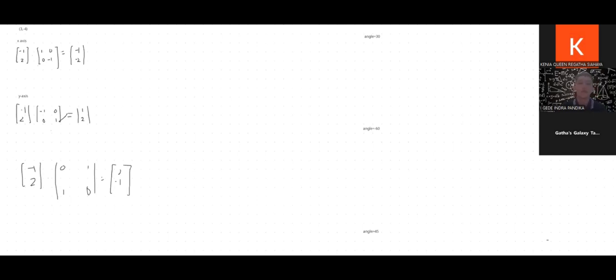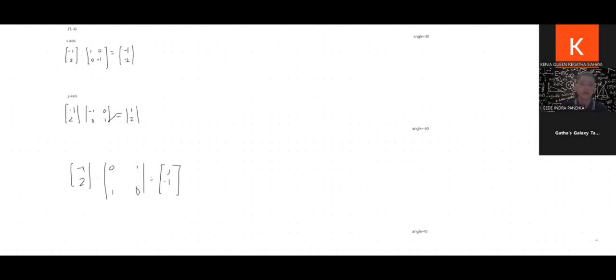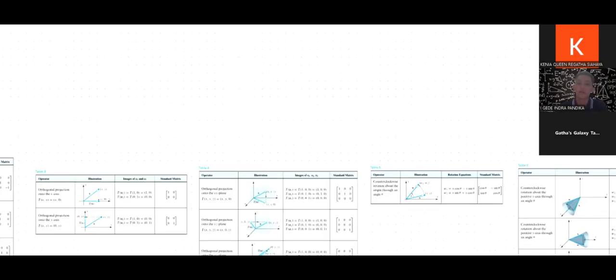Okay. For next, we can answer question number 2. Question number 2 is: explain the projection operator and explain tables 3 and 4. Specifically, how to obtain the standard matrix and complete one appropriate exercise.